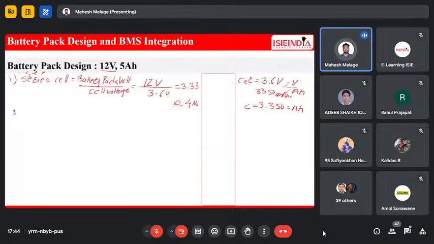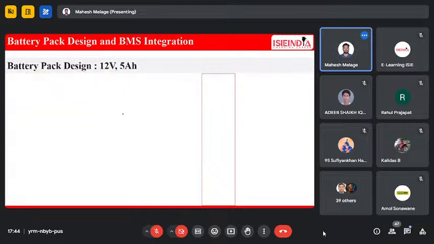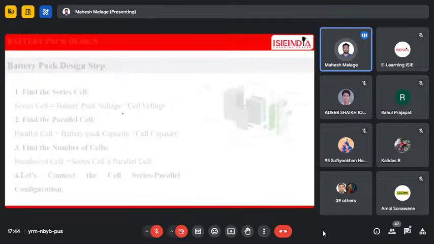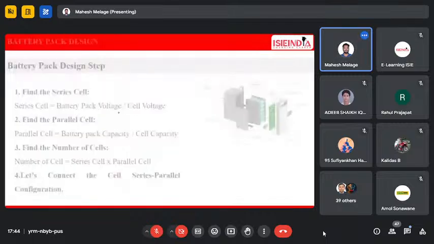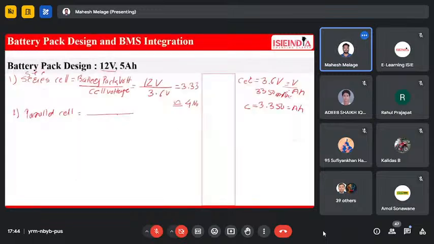The second is the parallel cell. What is the parallel formula? Battery pack capacity divided by cell capacity. What is the battery capacity?